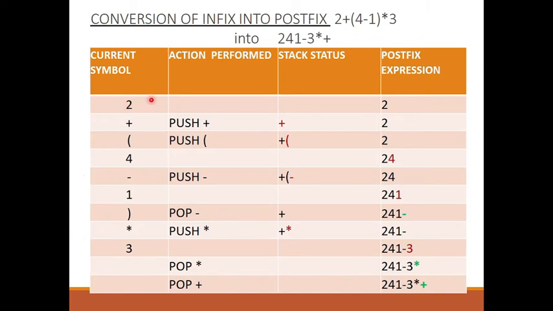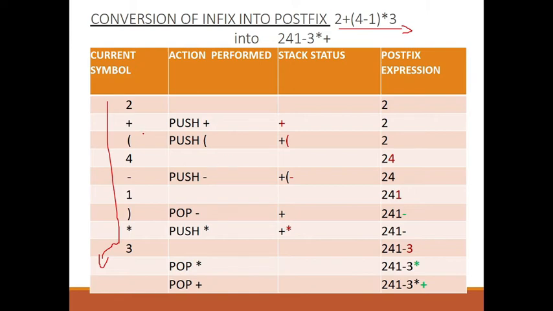Okay, so this came from here, from left to right, and it was arranged from top to bottom. So 2 plus open parenthesis, that's it. Okay, hope you get it.